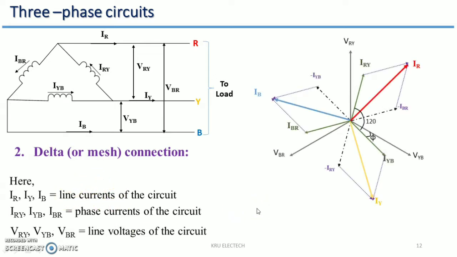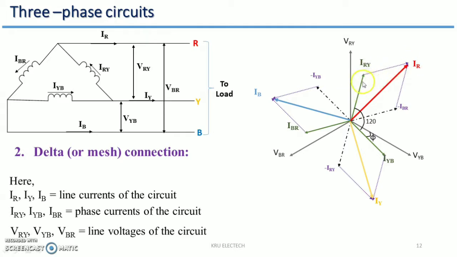Now let us see the phasor diagram. Here is the VRY. This is also the voltage across the phase, because the phase voltage and line voltage are the same. The current IR is displaced by an angle phi from the same phase due to the inductive load.